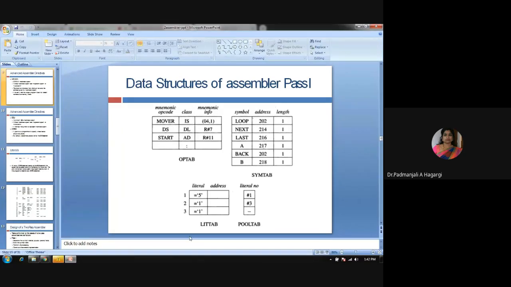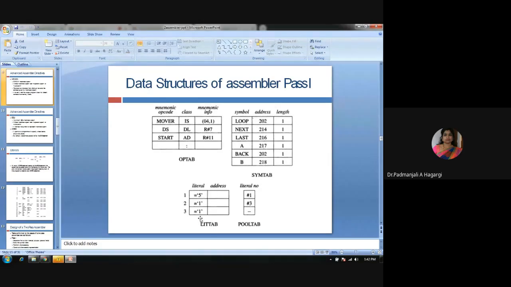And as for the immediate addressing mode which I was saying, wherever you find such quoted numbers, those are also called literals. And what is the type of the literal which is pushed onto the literal table, and what is its address?